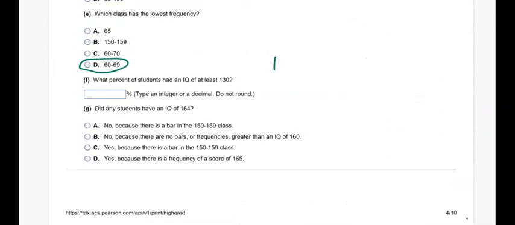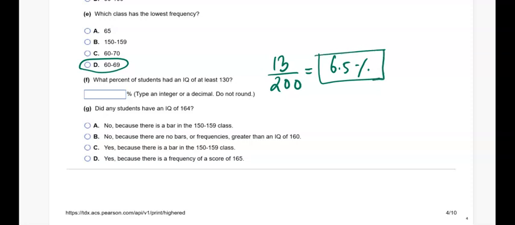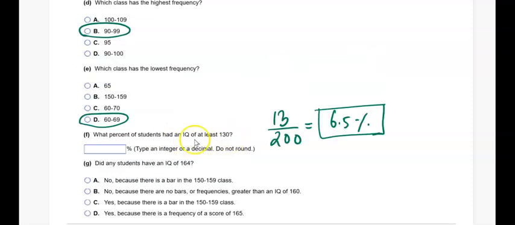So 13 students scored at least 130 out of 200, and if you divide 13 by 200, you get 6.5% of the students. So at least 6.5% of students have a score of at least 130.